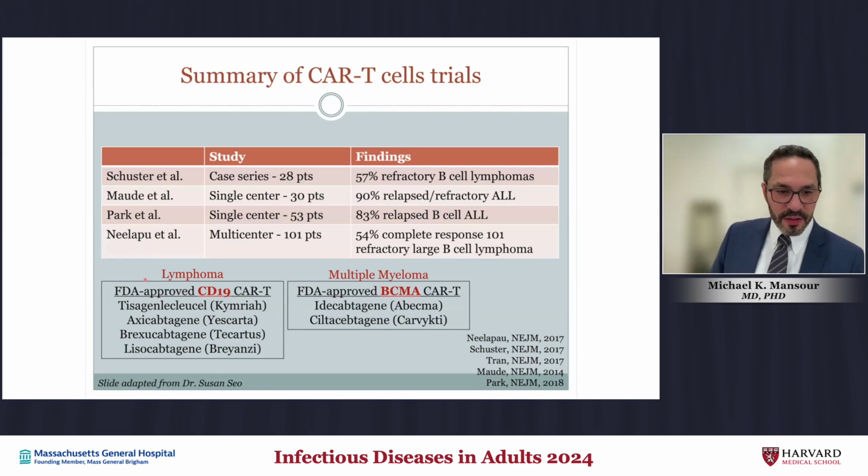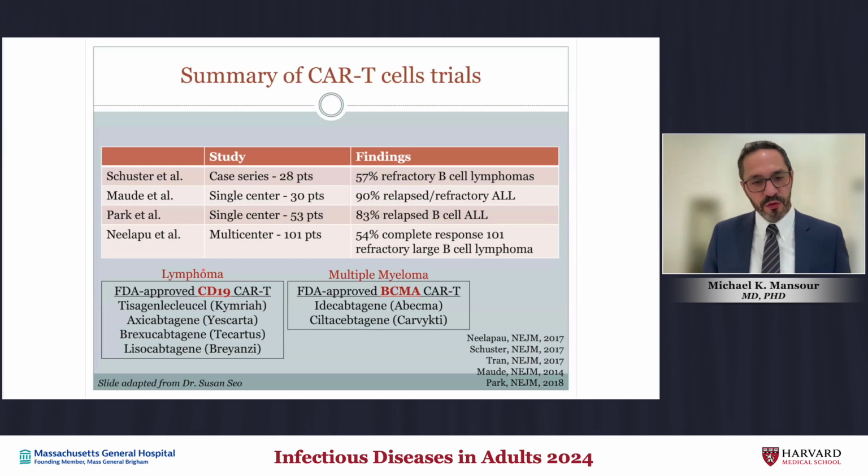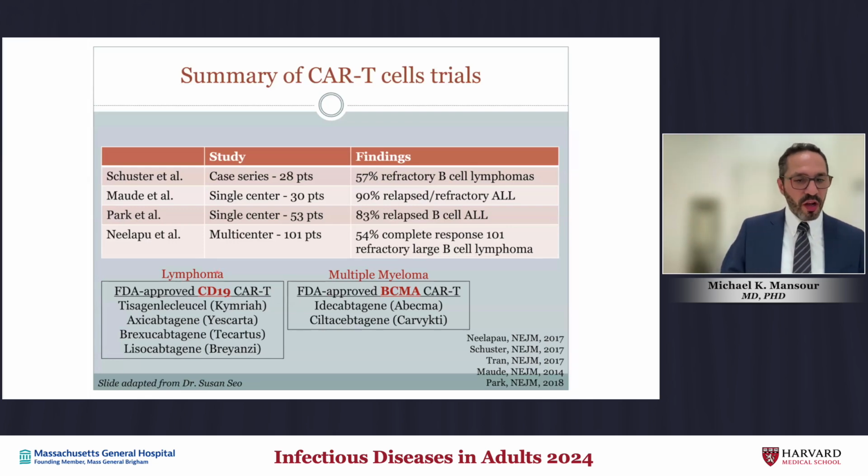And in fact, this is, to the best of my knowledge, the most up-to-date list of FDA-approved CAR T cell products. 4 under lymphoma, and then 2 under multiple myeloma that are currently in commercial use for these tumors. And more are coming down the line.